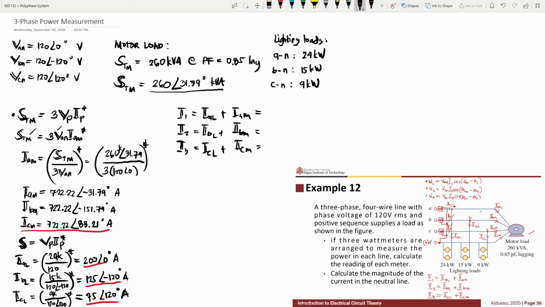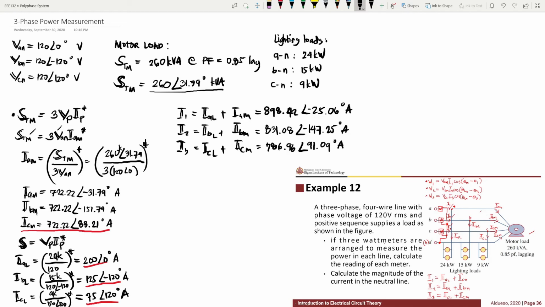So I1 is equivalent to 898.42 angle of 35 point something. For I2, we have 831.28 angle negative 147. For I3, we have 786.96 angle 31.09.